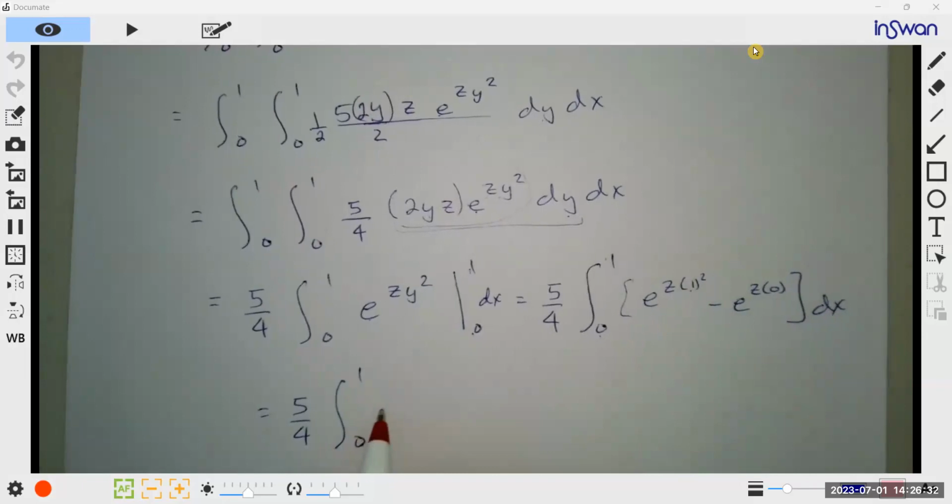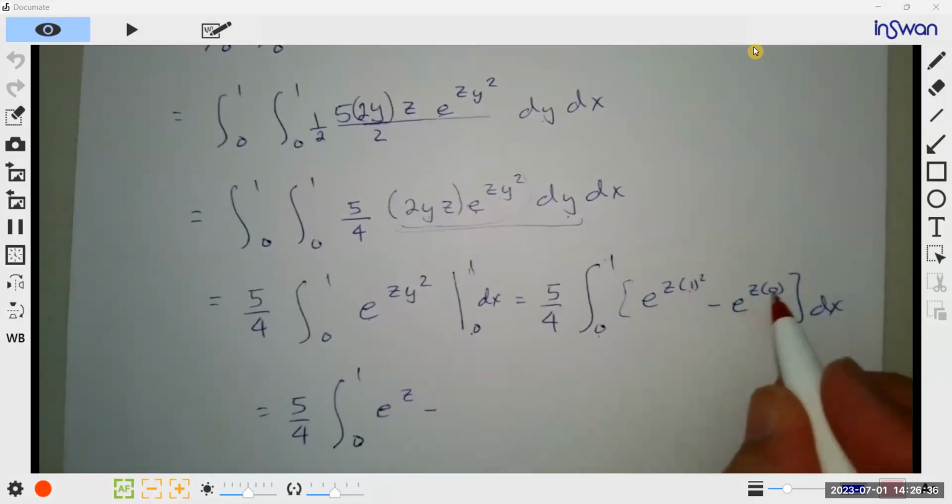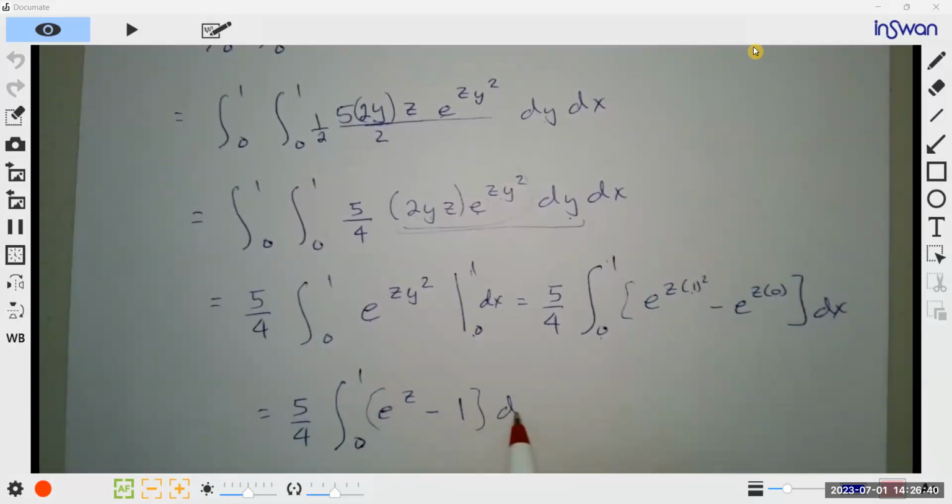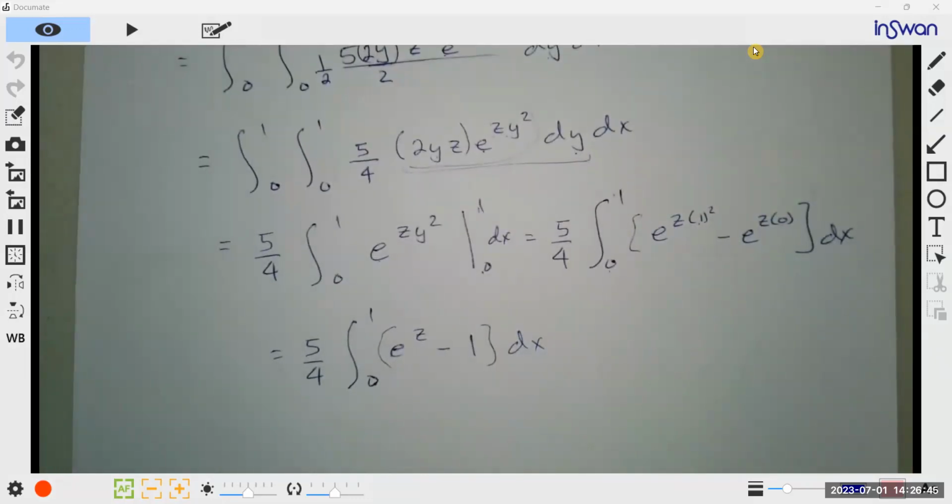One squared is 1, so it's e to the power z. Z times 0 is 0, and e to the 0 is 1. So there are times when you do have to take both upper and lower bounds, even if it's 0, and this is an example of when it happens.